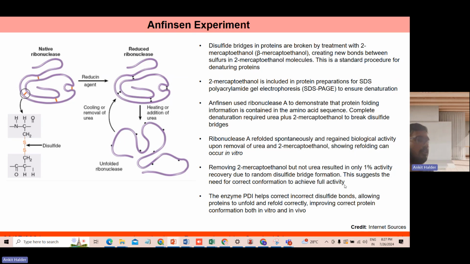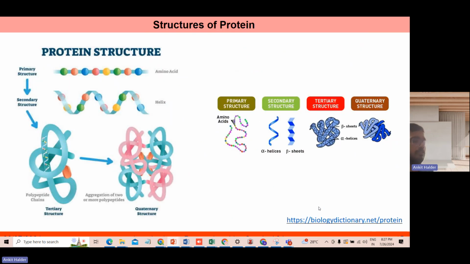So what we could learn from these experiments is that the structural conformation is in the primary amino acid sequence, and that complete removal of these two agents and the correct conformation are needed to achieve full activity. The enzyme PDI helps correct incorrect disulfide bonds, allowing proteins to unfold and refold correctly, improving correct protein conformation both in vitro and in vivo.